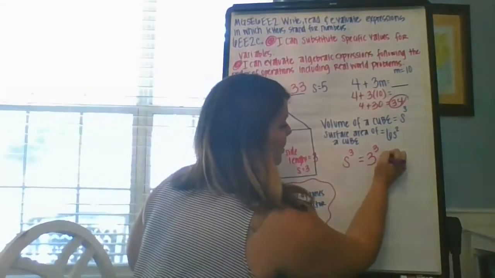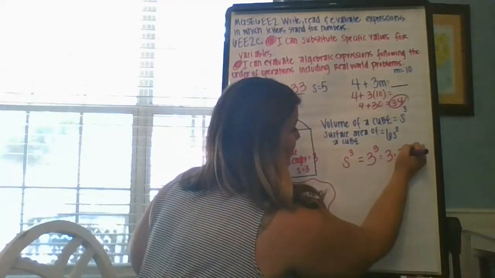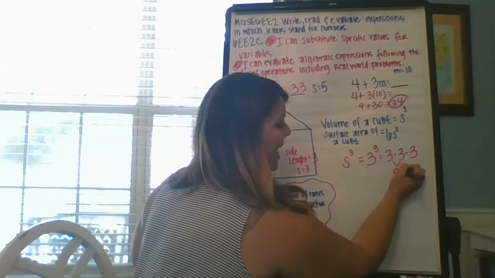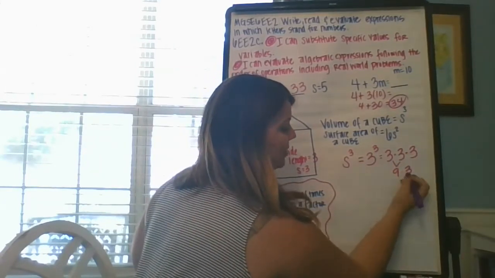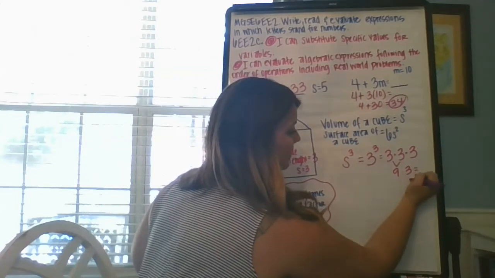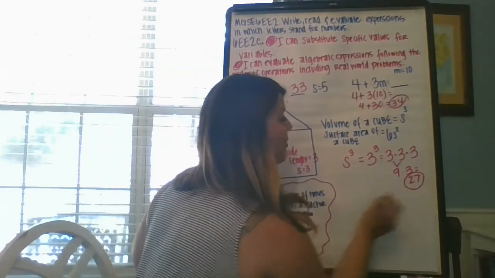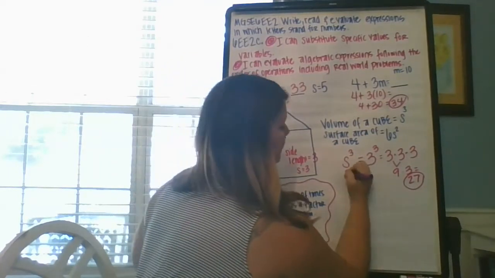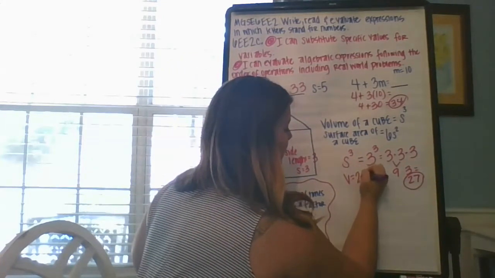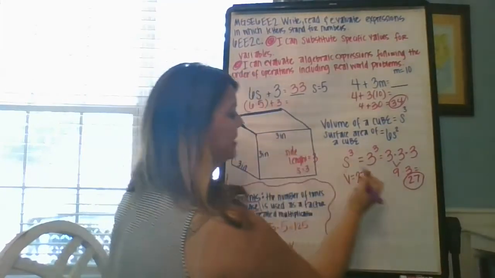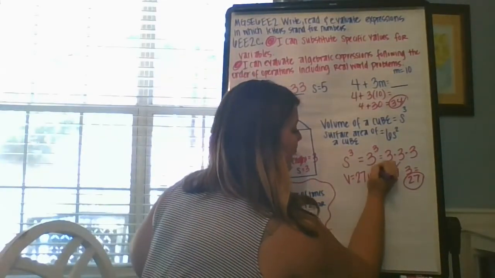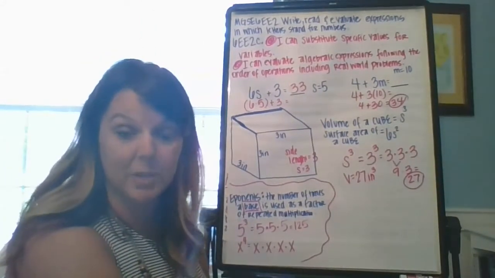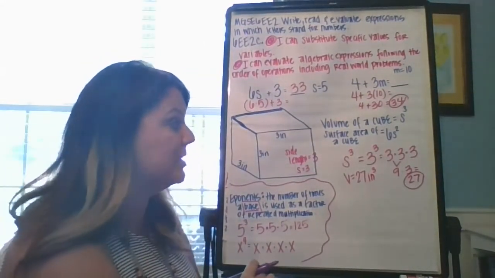So that means 3 times 3 times 3. 3 times 3 is 9, and 9 times 3 is 27. So the volume of this cube is 27, and this is inches, so it would be inches cubed. And it's cubed because it's volume, so it's a three-dimensional shape, a three-dimensional measurement.